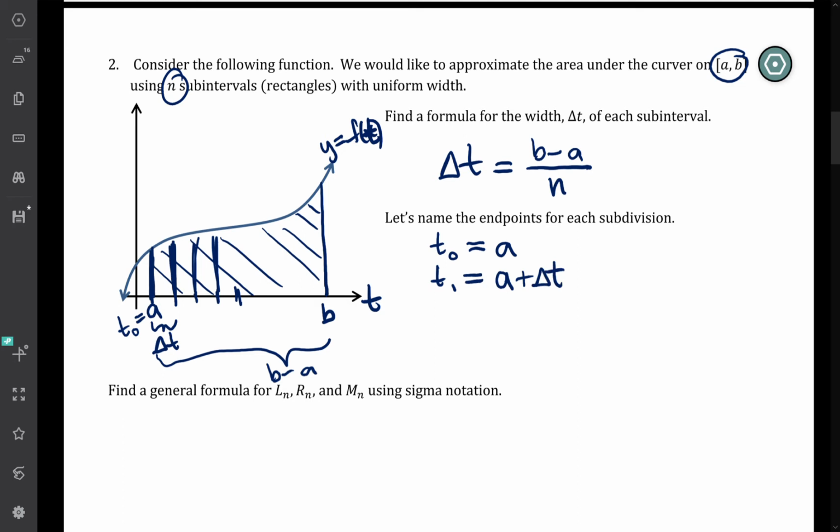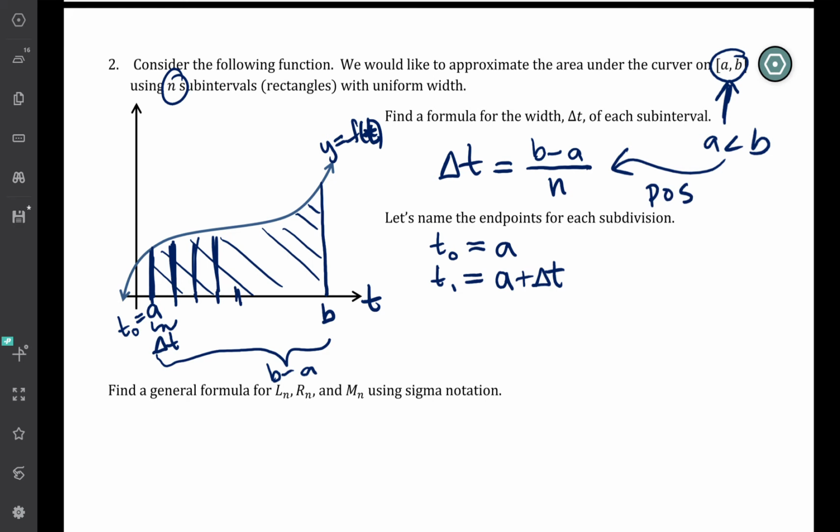Our interval notation [a, b], you have to put those in ascending order, so a has to be smaller than b, which means this has to be positive. So t1 is going to happen delta t units from a. t2 is going to happen delta t units from t1, so we'll be adding 2 of these delta t's.